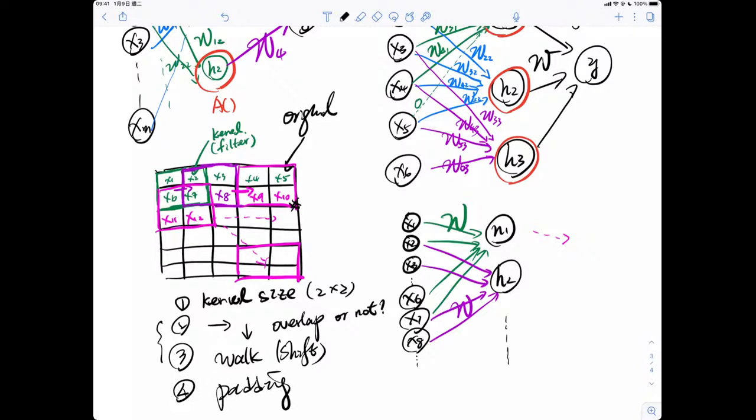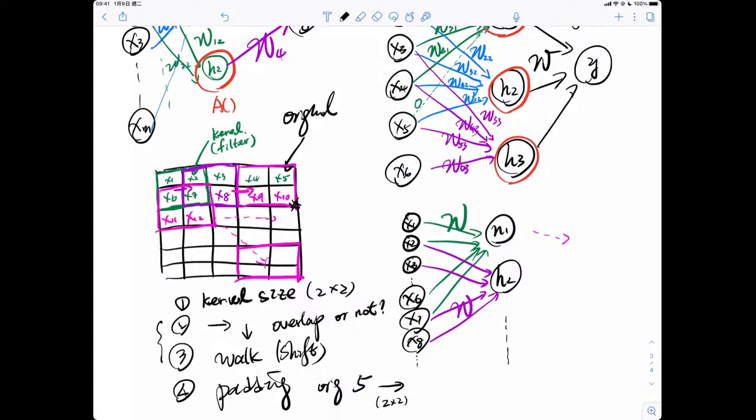Here's an example. The original size is, for example, 5. You have 5 columns in the original size. The kernel size is 2 by 2, and the stride is 1. After that, how many outputs in a row?